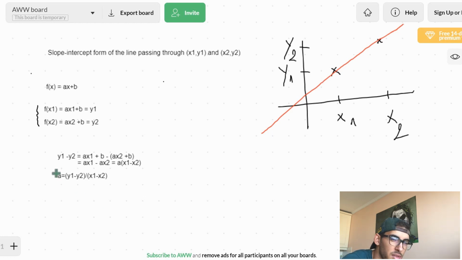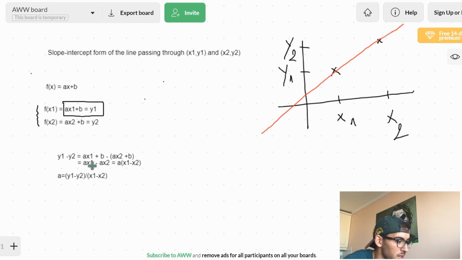Now once you have a, it's so simple to get b, because you can go with one equation or the other. So for example, if you go with the first equation, the only thing unknown in this equation is b, because you know what a is, you know x1, and you know y1.